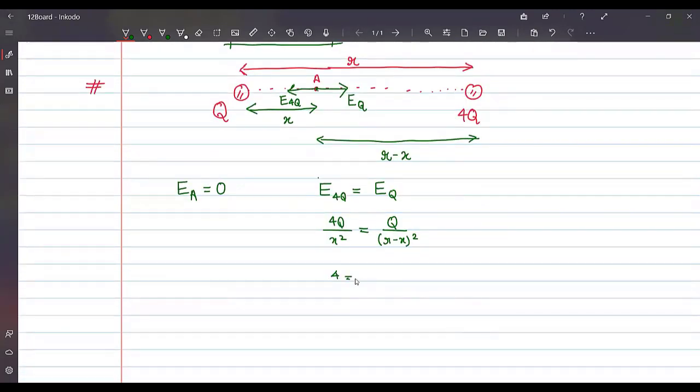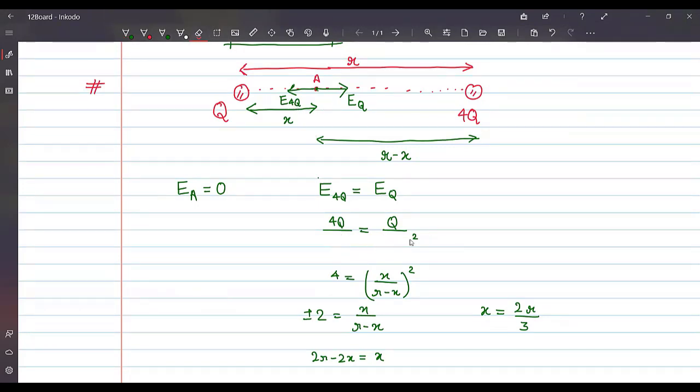So 4 is equal to x upon (r minus x) whole square, plus minus 2 equals to x upon (r minus x). If you solve this, you'll get a value of x is equal to 2r by 3.